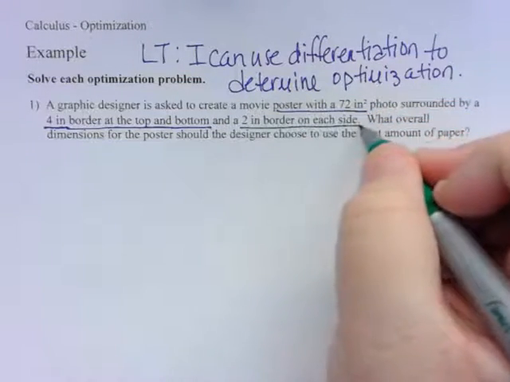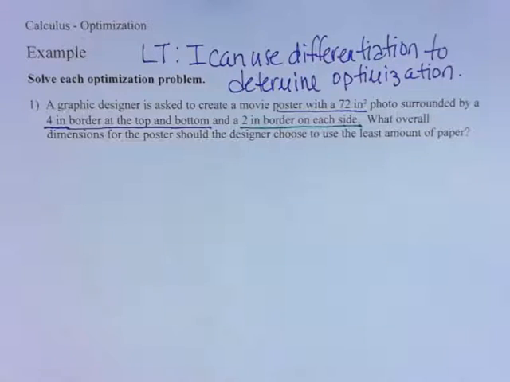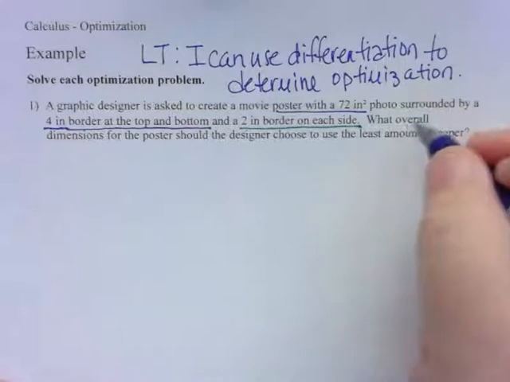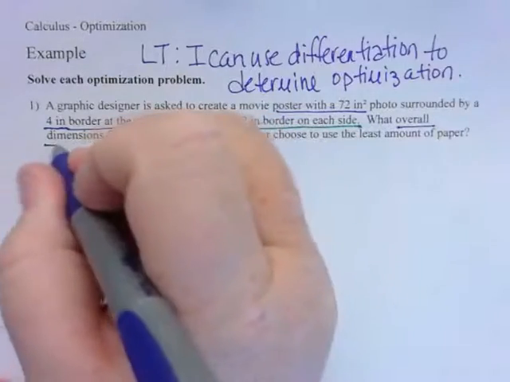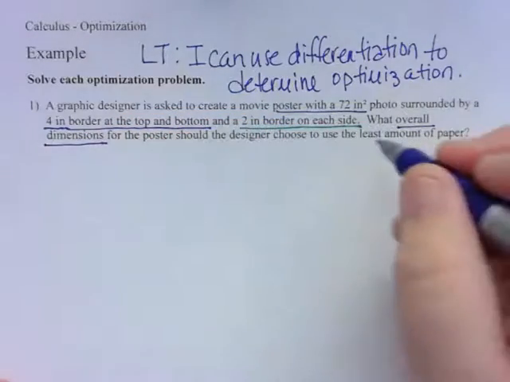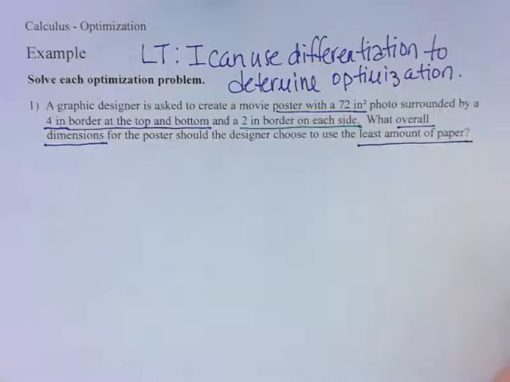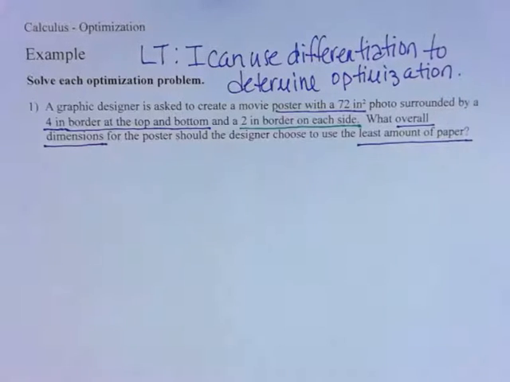I'm going to do that in a different color. Okay, we are being asked to determine what the overall dimensions of the poster should be to use the least amount of paper. So we're going to want to find a minimum.